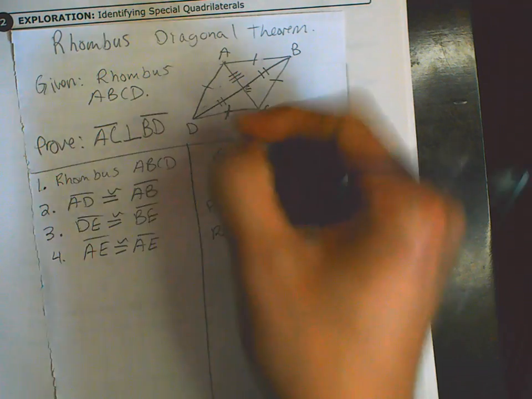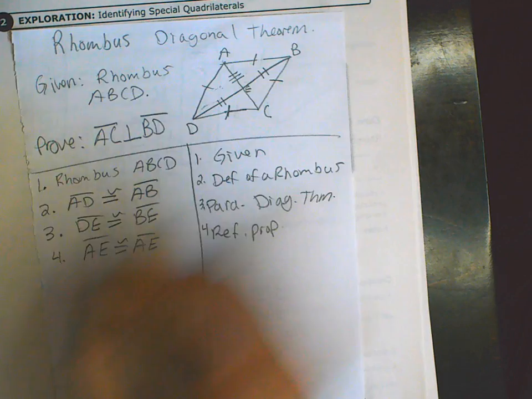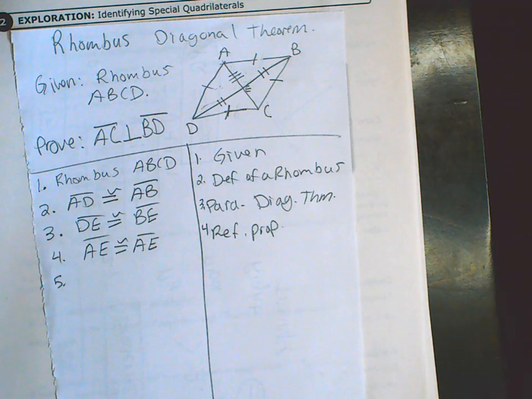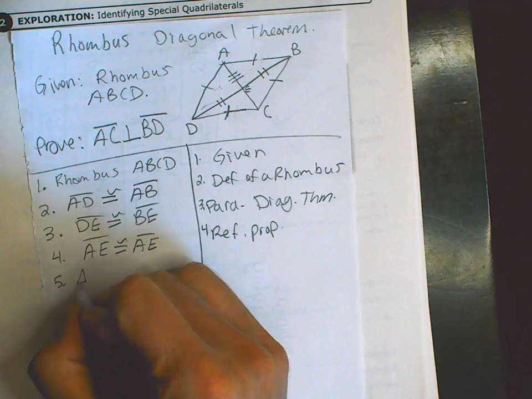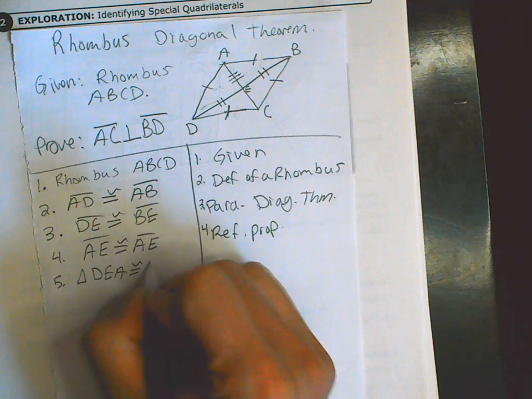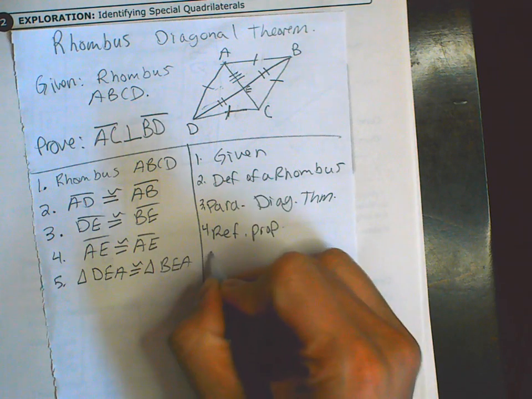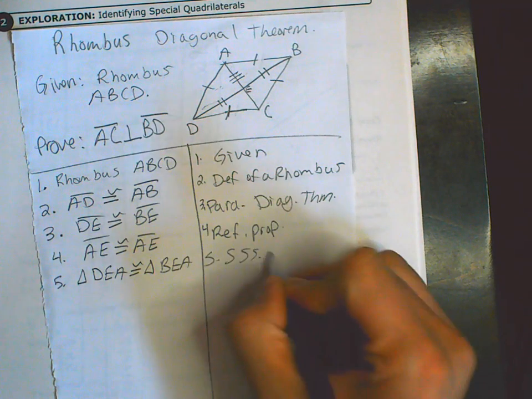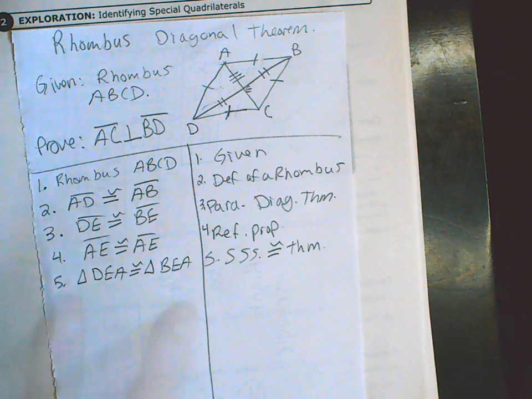It would help if I number these. Which now you are going to have two triangles congruent. Okay, triangle DEA congruent to triangle BEA. Why? Because of the side-side-side congruence theorem. So boom, those two triangles are congruent.